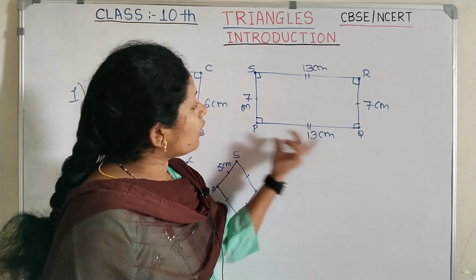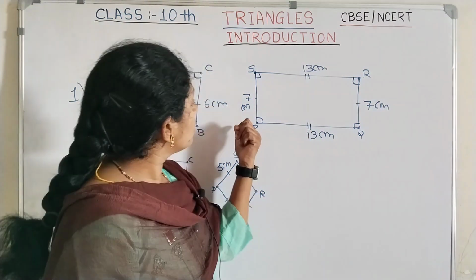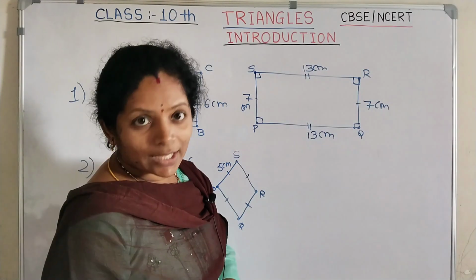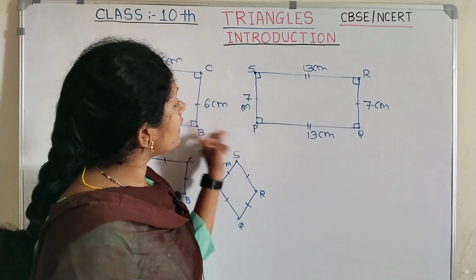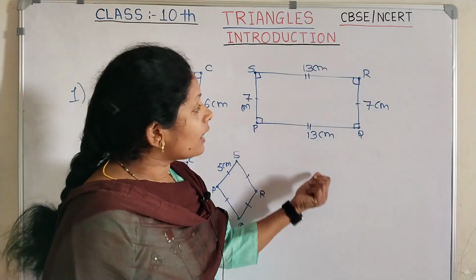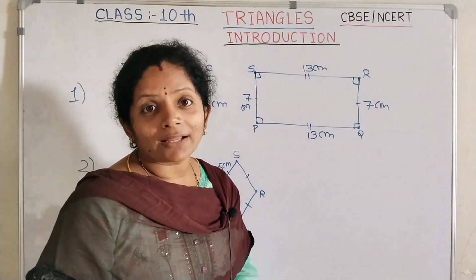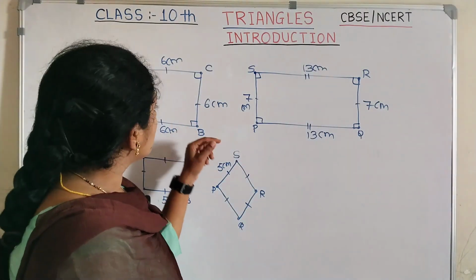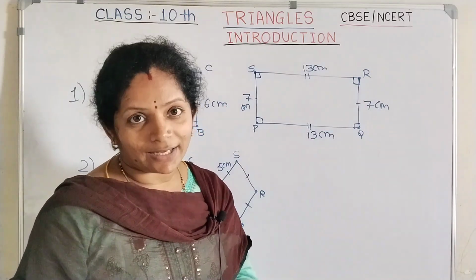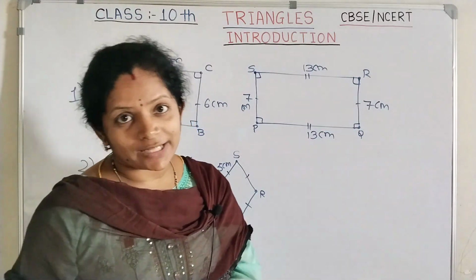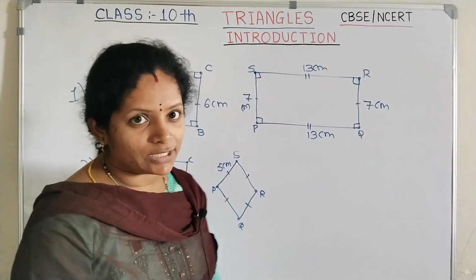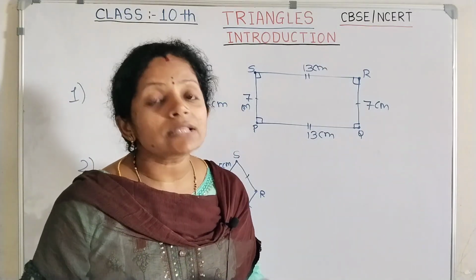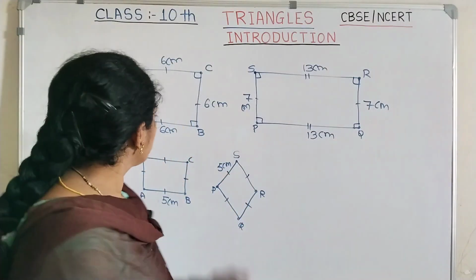Then all the corresponding angles are equal. We can say that these two quadrilaterals have their corresponding angles equal. But what will be the second criterion? Means the first condition is satisfied. Let us see the second condition. Their corresponding sides should be in the same ratio.